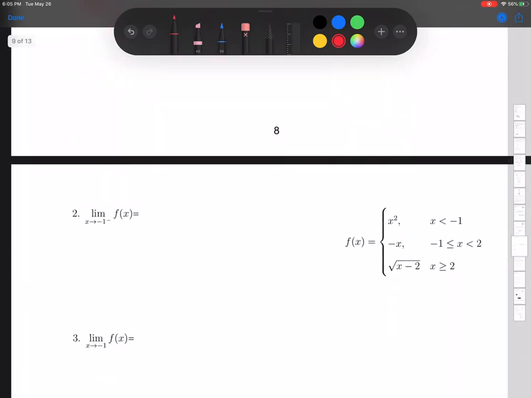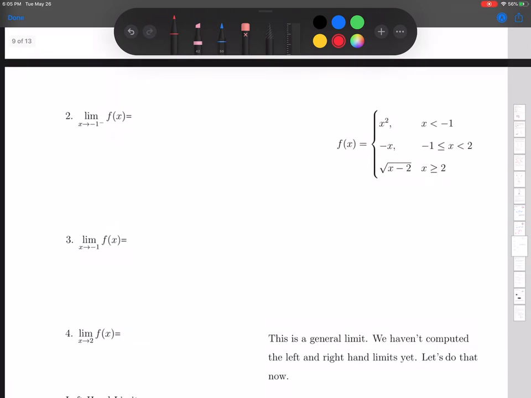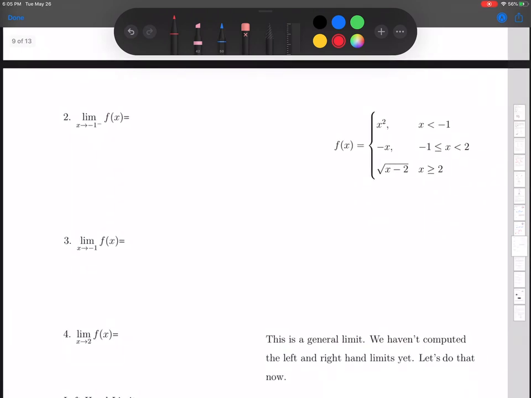Okay, let's go ahead and move on to the second problem here. The second problem is another, what do we got here? We got a left-hand side limit, right? So we want to look at what happens when we approach -1 from the left-hand side. So what does that mean? Well, that means we have to go to our domains. We have to figure out where this fits in.